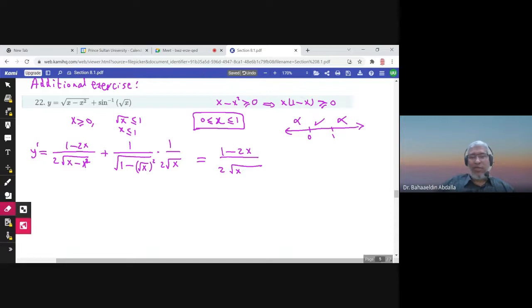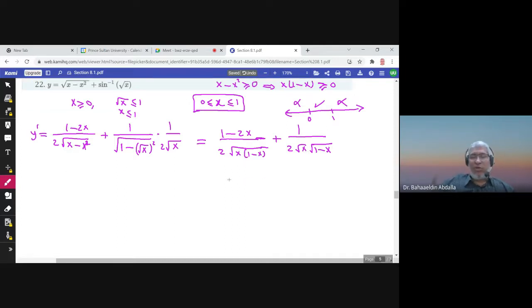If you factor, x times 1 minus x. And here, this is also plus 1 over 2 square root of x times square root of 1 minus x. So actually, this can also be written as the square root of x times square root of 1 minus x, because you can distribute the square root. So I have the same denominator, so I can add the numerators.